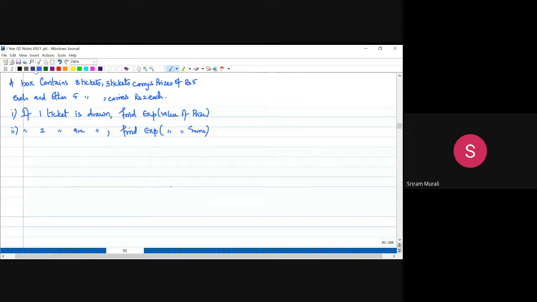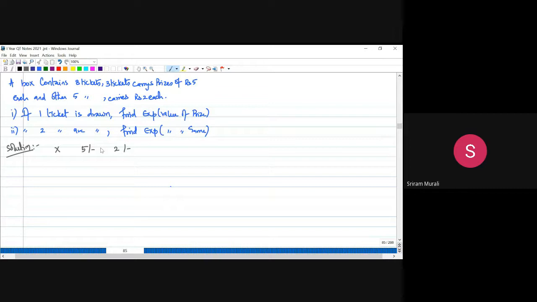Now the solution. You have to find the expected value of the price, for 5 rupees and for 2 rupees. This is my x.